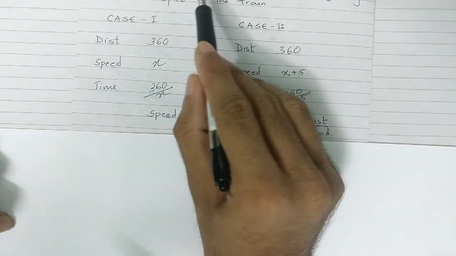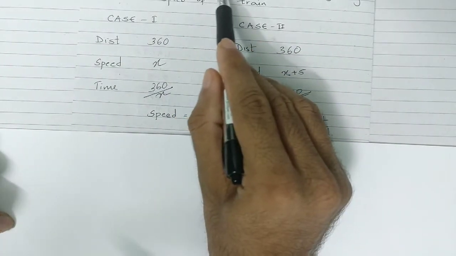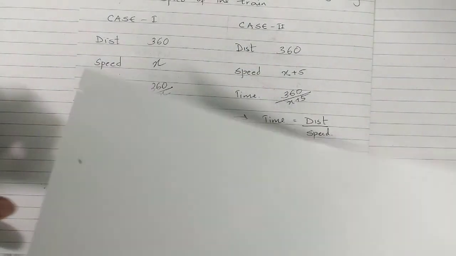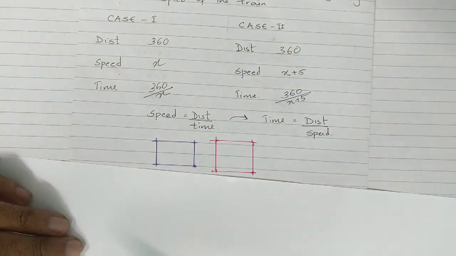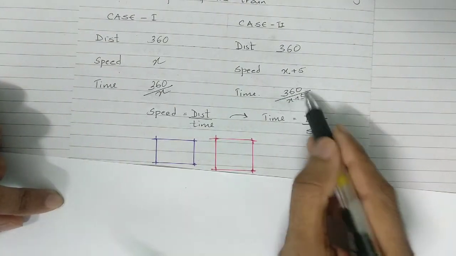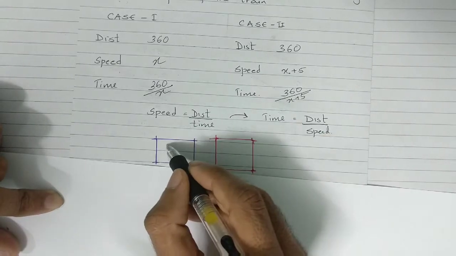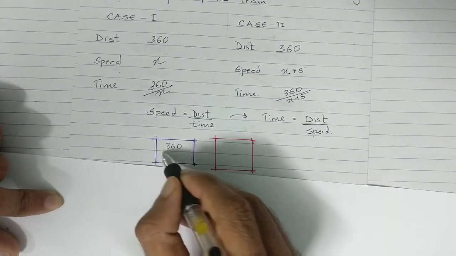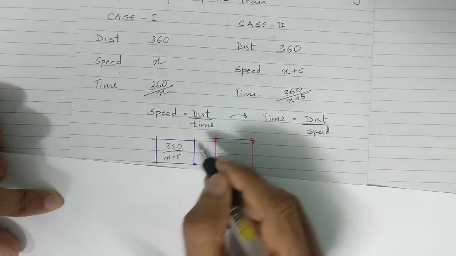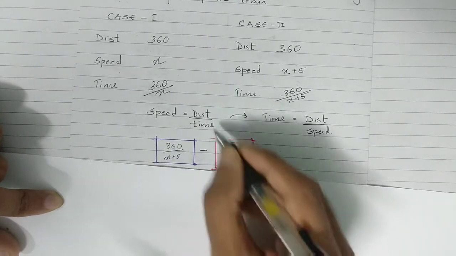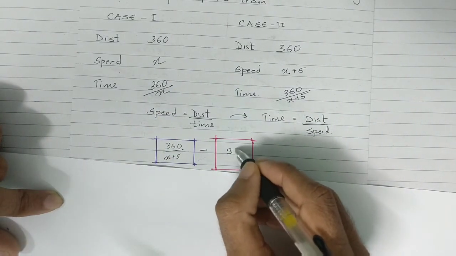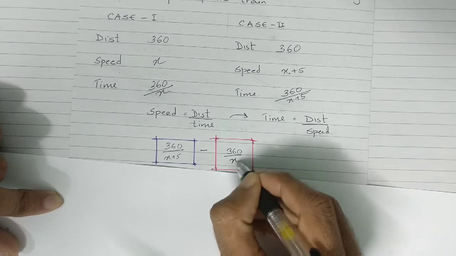Now I need 1 hour less, correct? So all I will have to do is take the one which has less time, which is 360 upon x plus 5, minus the one which will take more time, that is 360 upon x.